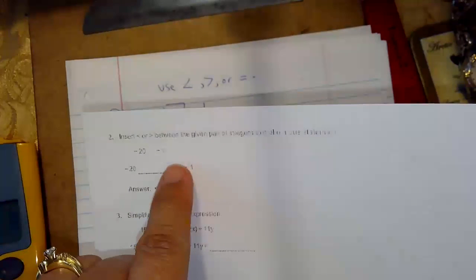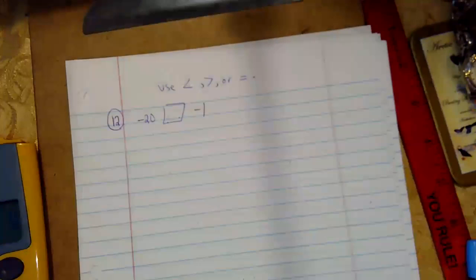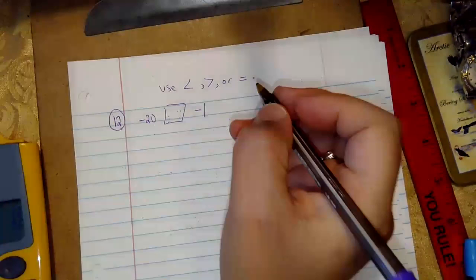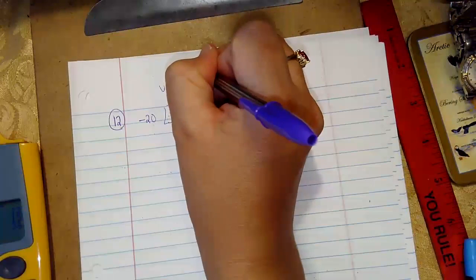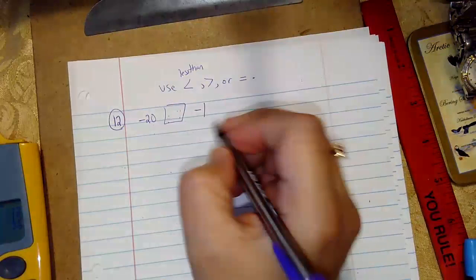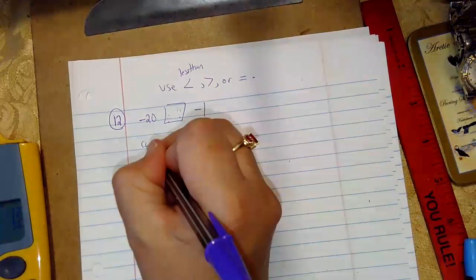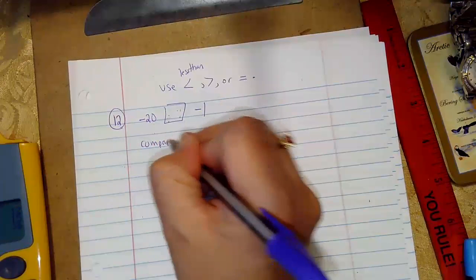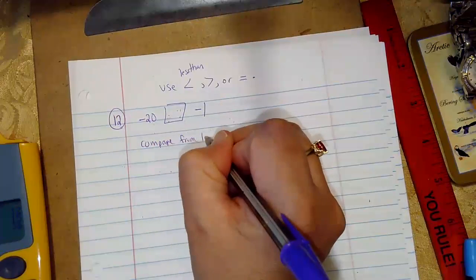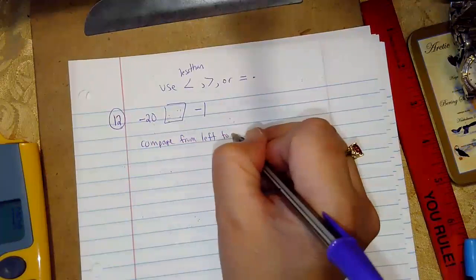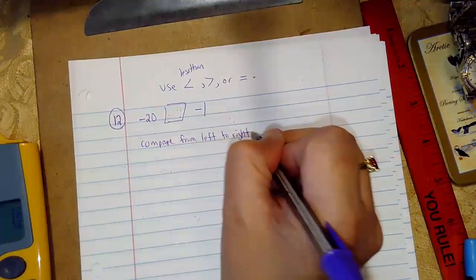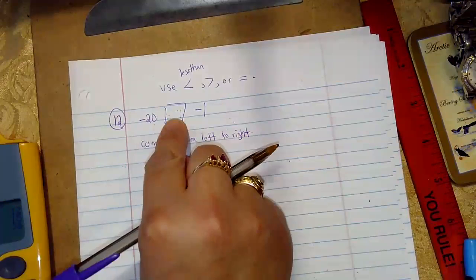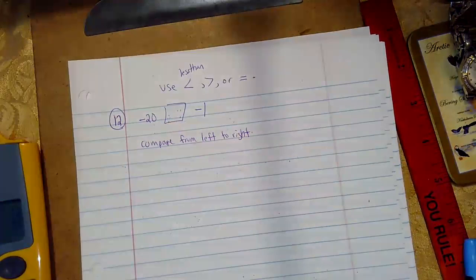So this is the symbol for less than. And when you compare these numbers, you always compare from left to right. So you're saying this number is what in comparison to that number.